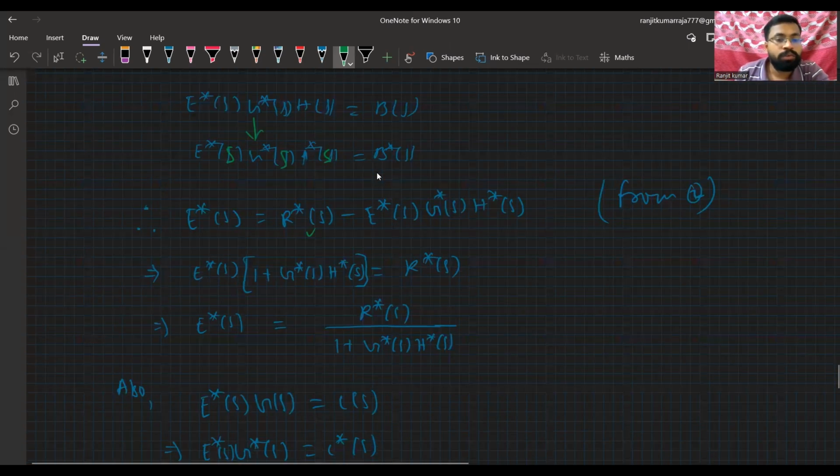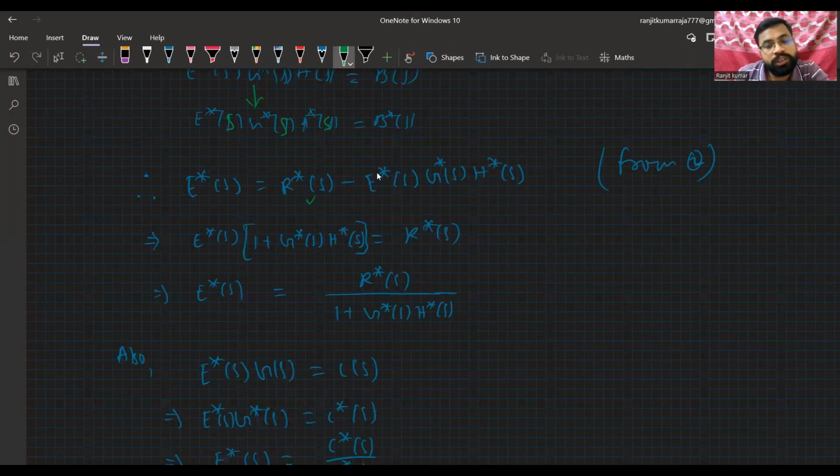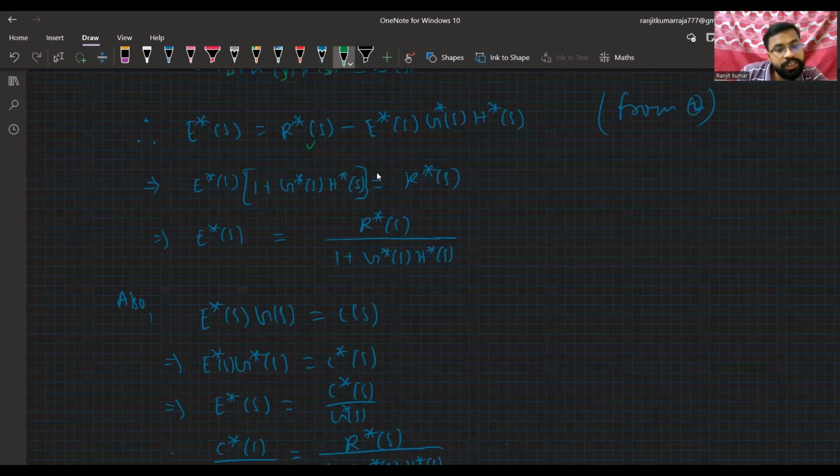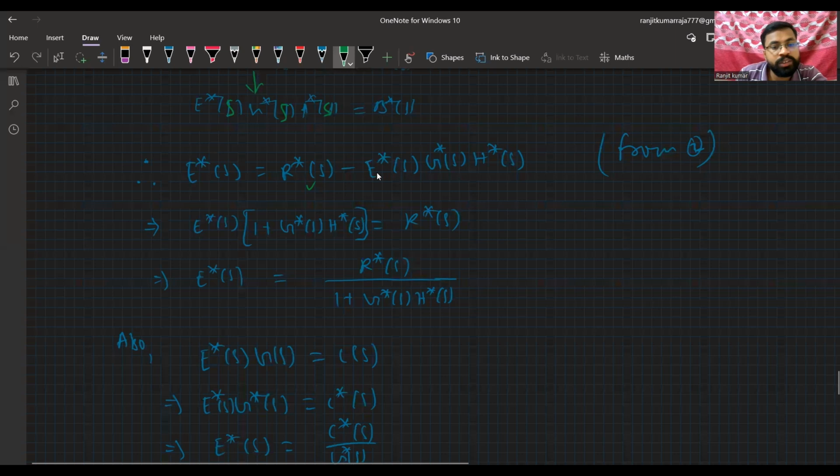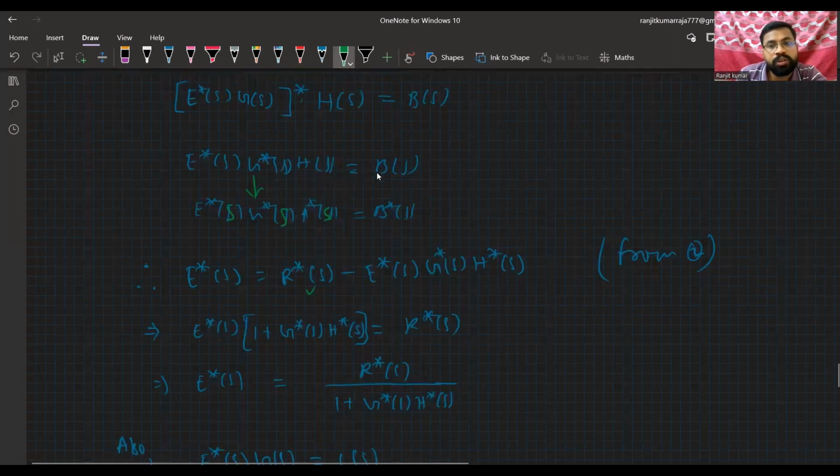Now send this to the right hand side, so it will become R star of S divided by 1 plus G star of S, H star of S. Now E star of S, G of S equals C of S, that is the first equation.